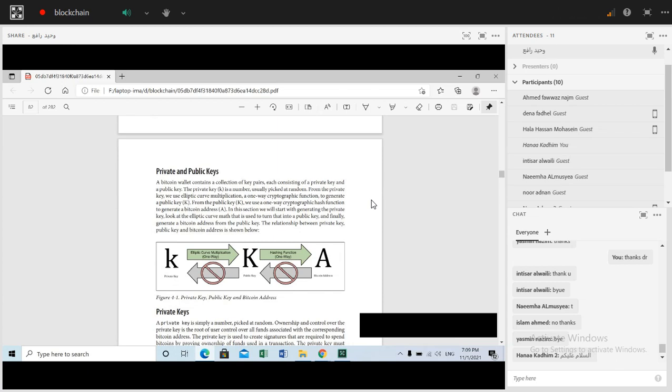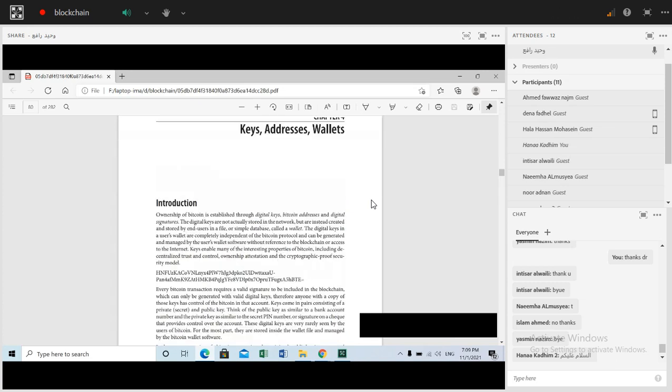In elliptical curve, a random point is considered on the curve. I show you the equation of the curve.